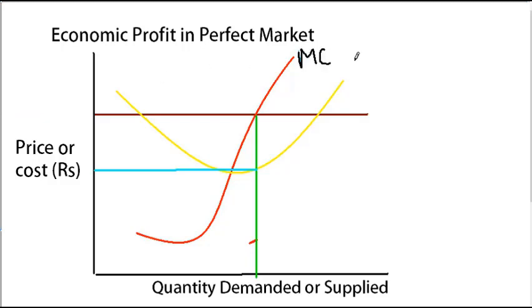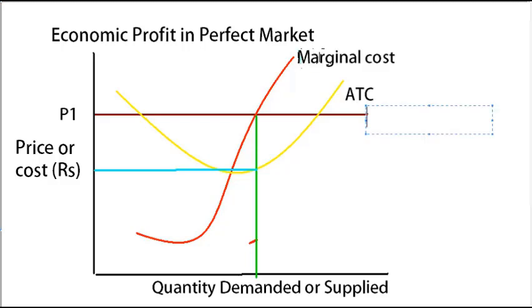The point where the demand is equal to marginal cost is the point where we are ready to supply our quantity. The point where this quantity intersects the average total cost curve marks the cost. This whole marked area will be your profit in the perfectly competitive market.